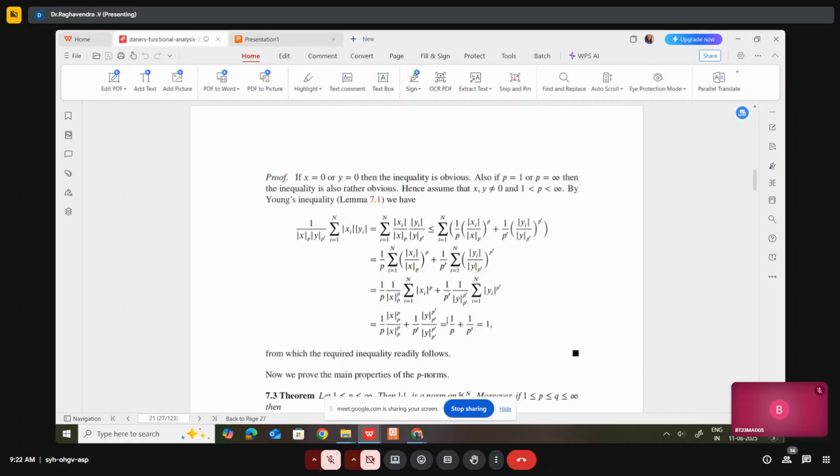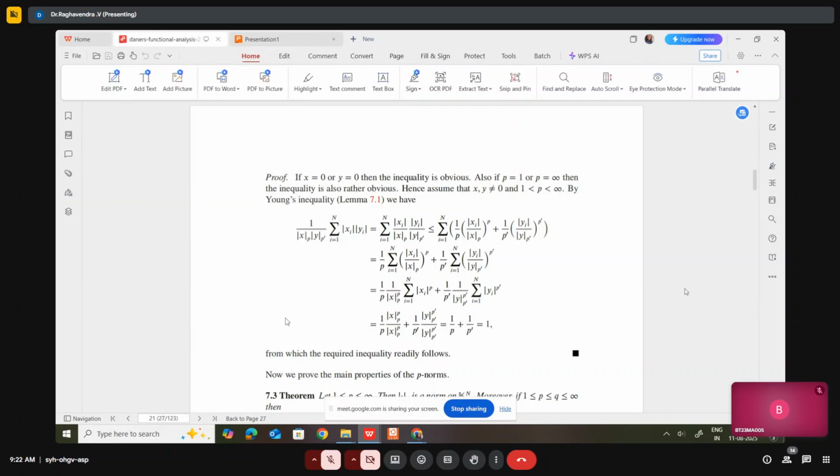But we know that p and p prime are conjugate exponents. Therefore, this 1 over p plus 1 over p prime is 1. Look at the first term and the last term: 1 over norm x raised to p, norm y raised to p prime, summation xi yi, first and the last term.